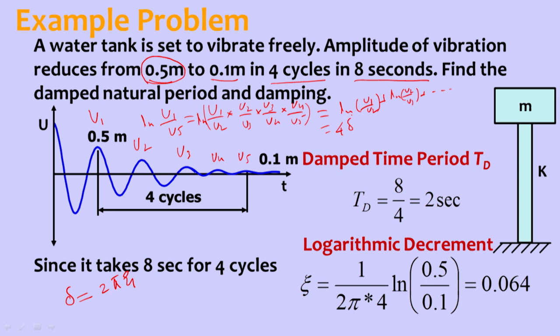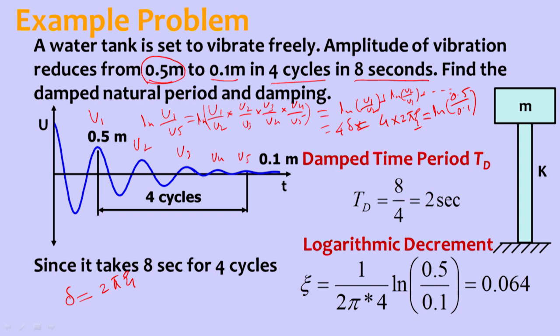So 4 delta is equal to 4 into 2 pi zeta, that is equal to ln of u1 by u5, that is 0.5 by 0.1.